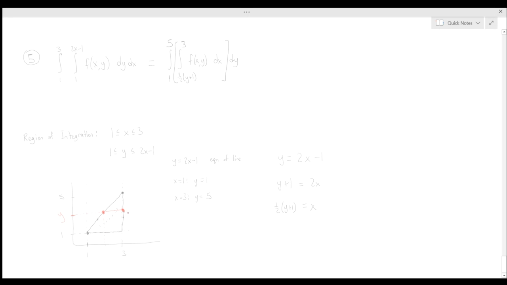It goes up to 3 for x, and then it starts here for the lower bound on x. You would calculate this value by using the equation of your line, so it would have been half y plus 1 here. And that's why the bounds of the integral are from here to here, okay? All right, so any questions about that?